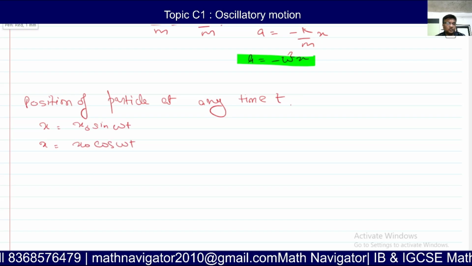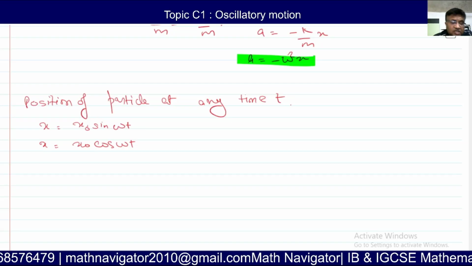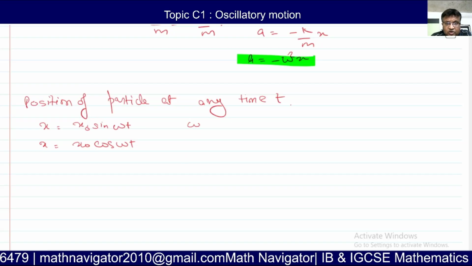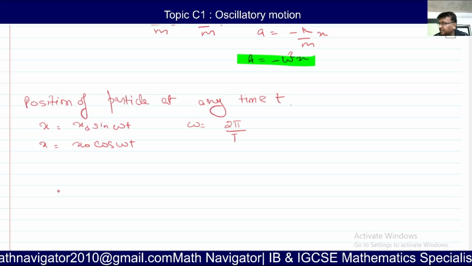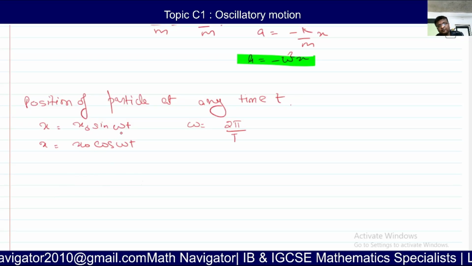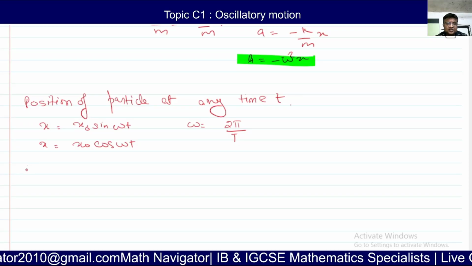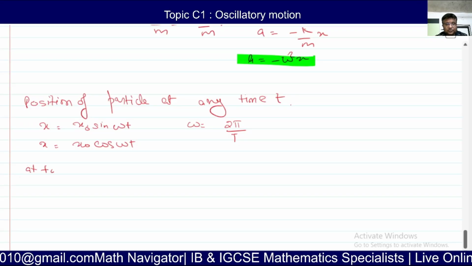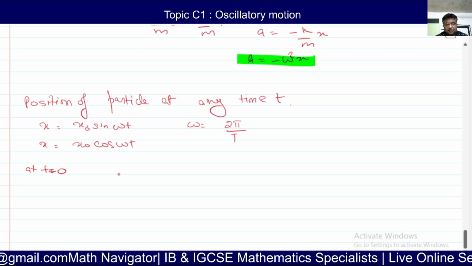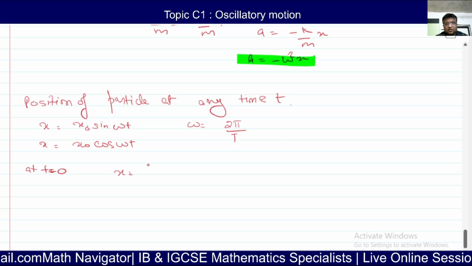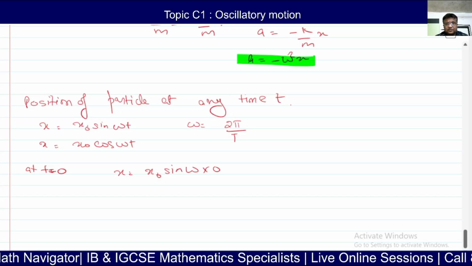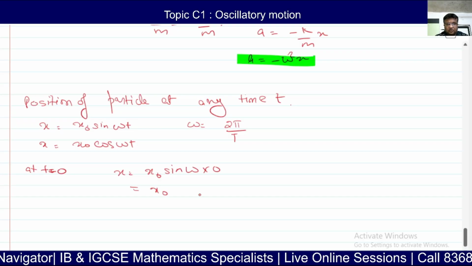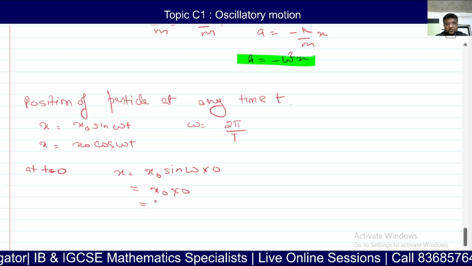I can use either of the two, but you must be wondering why. First, we need to understand what is this omega. Omega is 2 pi by T. So let's say my motion starts at t is equal to 0. Then x is equal to x naught sine omega times 0, which is 0.